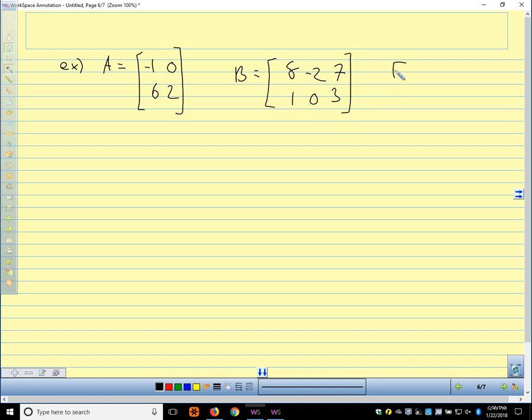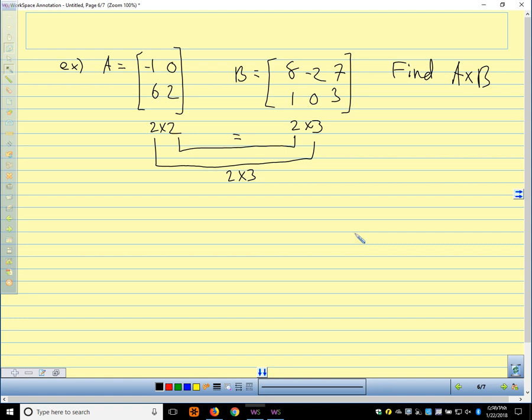And the way that these questions will be asked is: find, if possible, A times B. Well, how big is A? That's a 2 by 2, and this one is 2 by 3. So we check, those are equal. That's good. That means it is possible. And my answer is going to be 2 by 3.